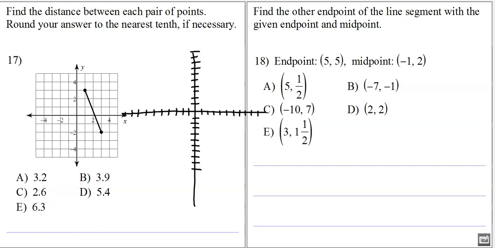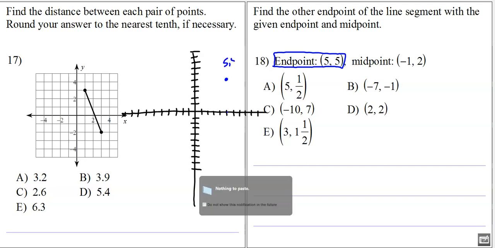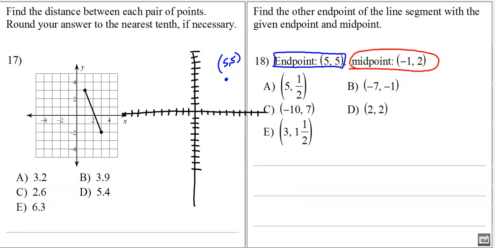But in this problem, I have the end at 5, 5. So 5 to the right, and then go 5 up. 1, 2, 3, 4, 5. So right around in here, that's 5, 5. And then my midpoint here is at negative 1, 2.